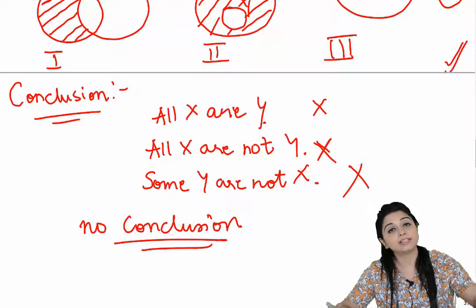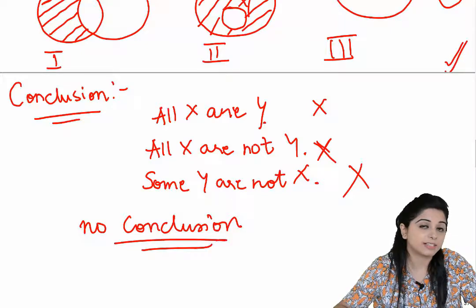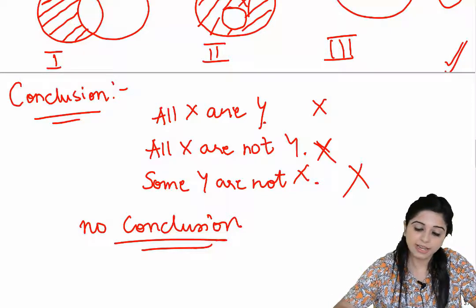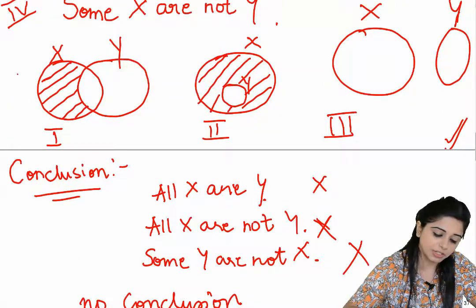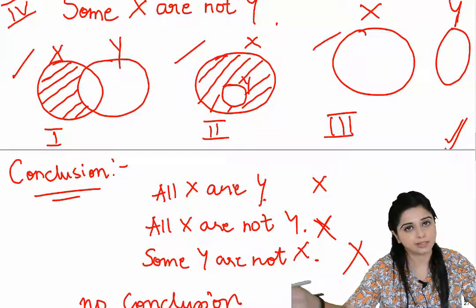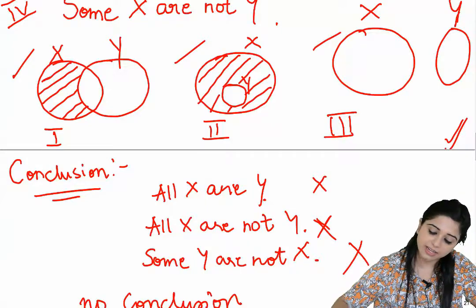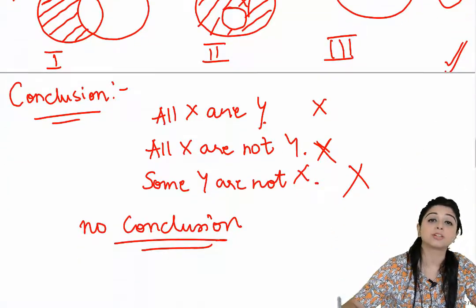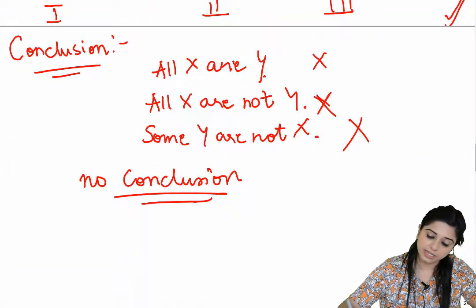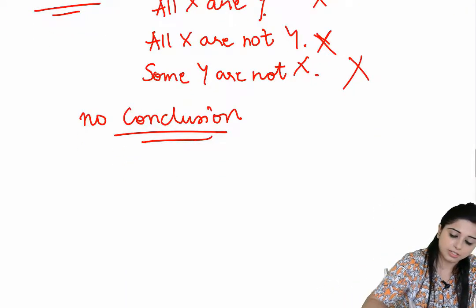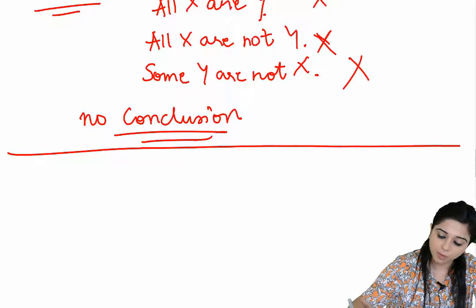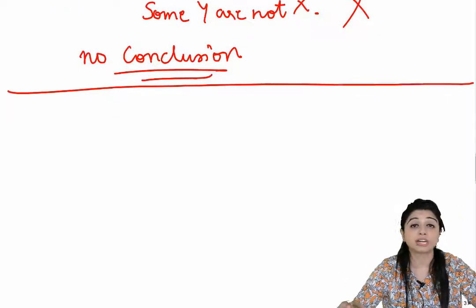This tells you that sum x are y, sum x are not y, can have absolutely no scenario in which these 3 representations can coexist, which leads us to the fact that it is going to have no conclusion at all, right? So we're done with the 4 statements that are going to build up these questions for deductive logic.